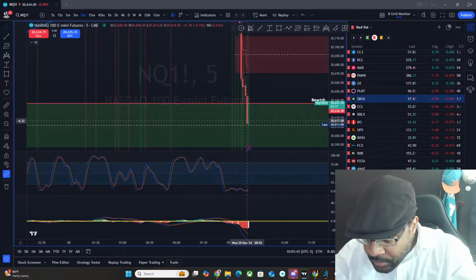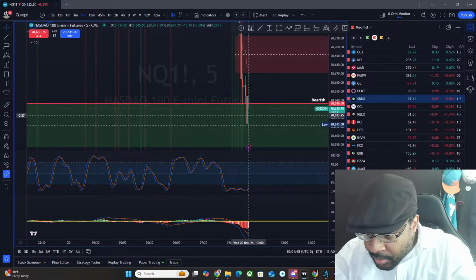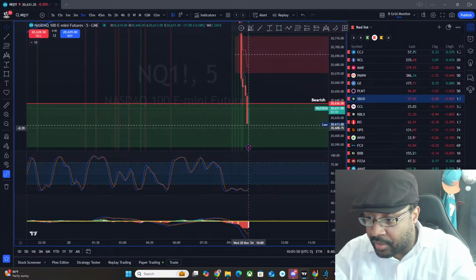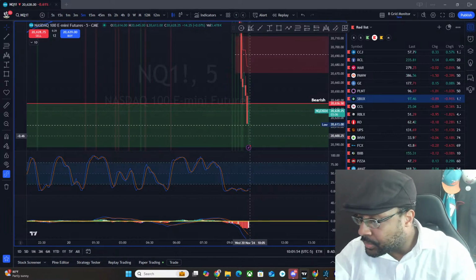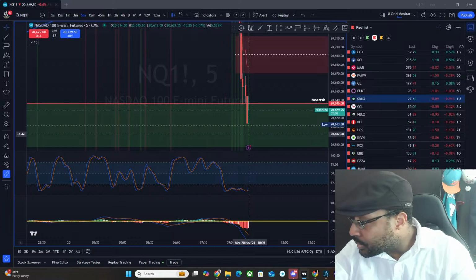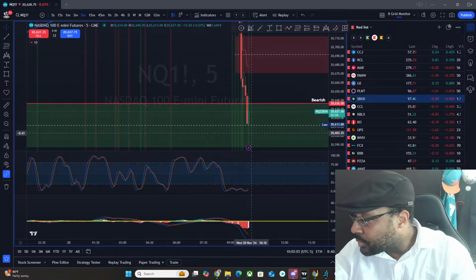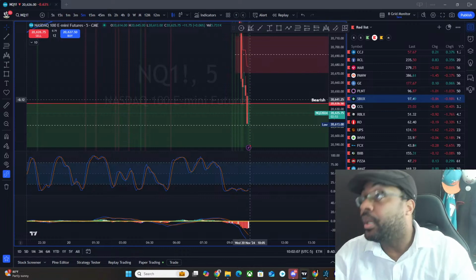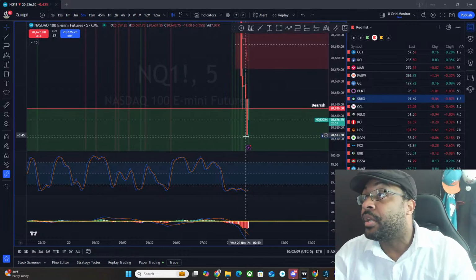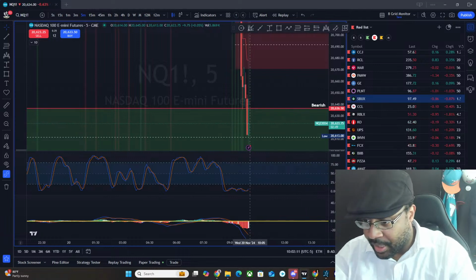I'm looking for them to get back to almost that 11 area where we just bounced off of. Let's see if we get that, because we didn't even get all of it or the 50% of it, so they try to stop it short.